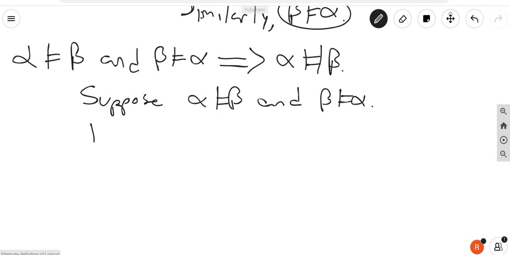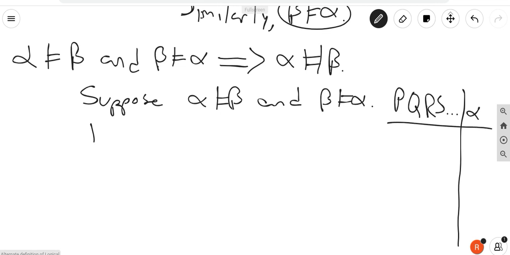So let's sketch out what that truth table is going to look like. We'll again have P, Q, R, S, any other variables we have. And we'll have alpha, and we'll have beta. And we'll have some trues and some falses. And if we have a true in alpha, we have a true in beta. I'm going to leave that there. And if we have a true in beta, then we have a true in alpha.